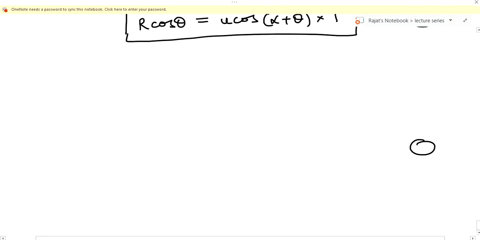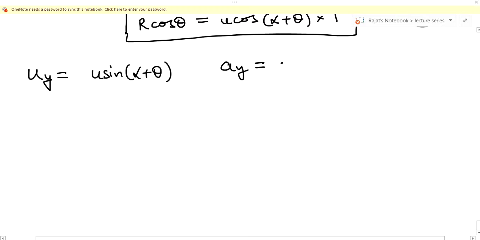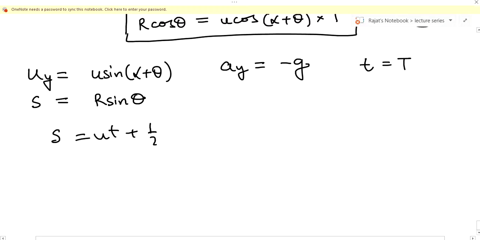Now we'll talk about the vertical motion. We know that the vertical displacement is r sin theta. The vertical component of velocity is u sin(alpha plus theta). Acceleration in the vertical direction is minus g. Time is obviously the same, capital T. Now putting it in the kinematics equation, S is equal to ut plus half at square.